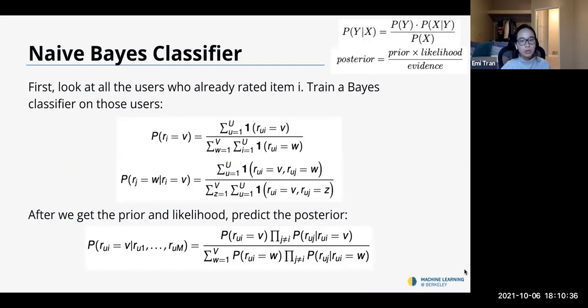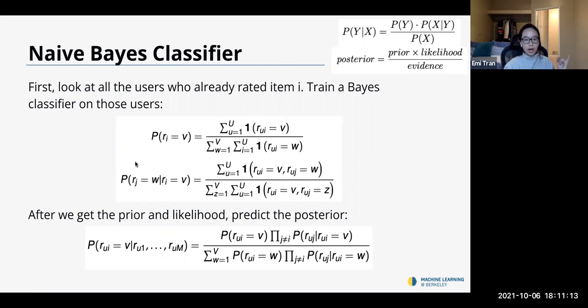Let me go to here. In order to find it, the first one is the prior, and the second one is the likelihood. So some mathematics of how you would find the prior and the likelihood. You first look at all of the users who already rated a certain item I, and you train a Bayes classifier on those users.